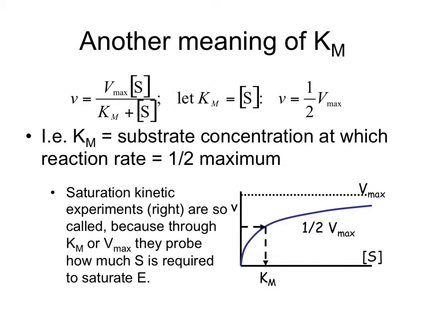Velocity: let Km be equal to the substrate concentration, and then V is going to be half Vmax, and that's how you're able to determine Km. So when you run experiments, if you find the asymptote and find the Vmax, then you can identify half the Vmax to identify the Km.